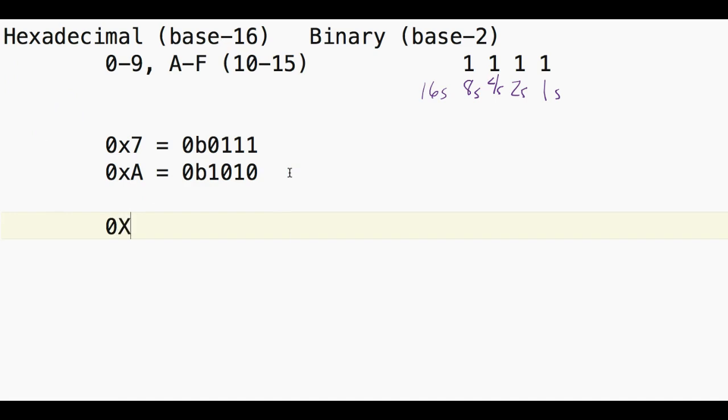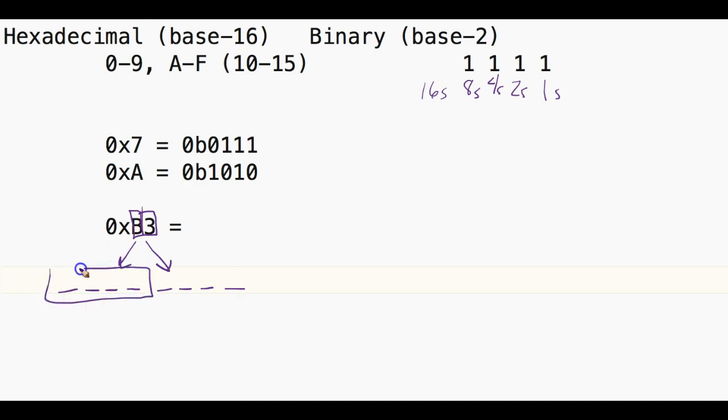So if I've got the number B3, how do I turn that into binary? Well, let's do this below here for a moment. I'm going to write out, I can split this up. So this B and this 3 can get split into 2 4-digit binary values.